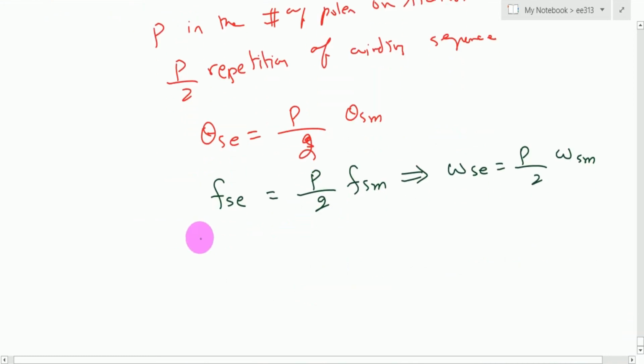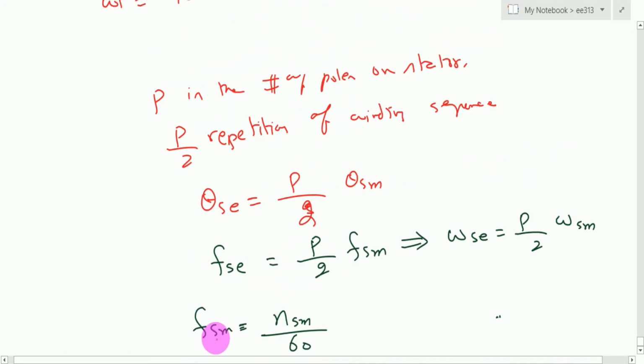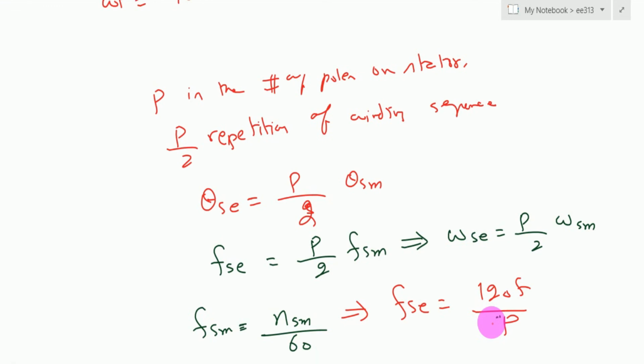Now notice that FSM, which is the mechanical speed, is NSM divided by 60. So therefore, NSM is equal to 120 F over P. So this is the synchronous speed, which is the speed of the stator magnetic field.